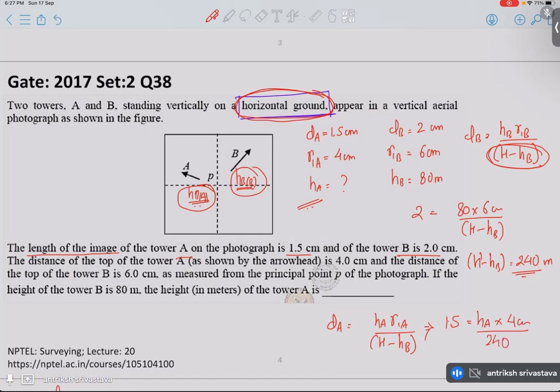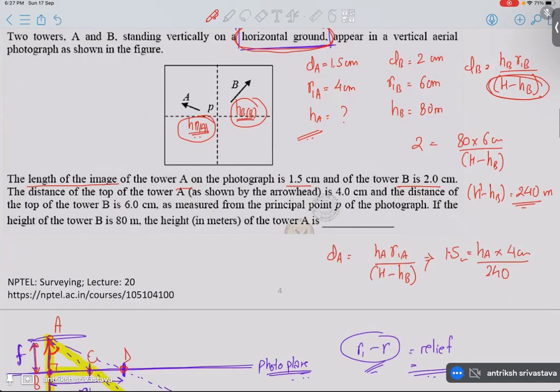So centimeter will get cancelled, and we have HA as 240 into 1.5 divided by 4 meters. So what's the answer here? 90 meters.